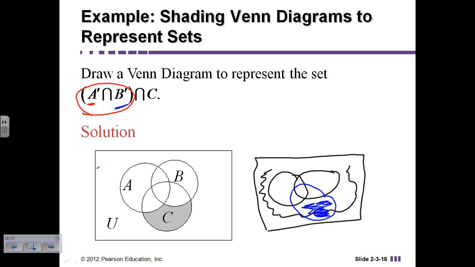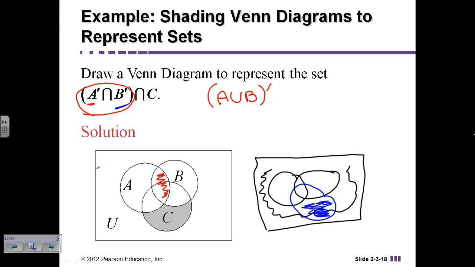If we go back to that Venn diagram and use De Morgan's law, this part of the picture right here would be the same thing as the complement of A intersect B. Okay, so what we're saying is A intersect B is this part of the graph right in here. So the complement of that would be everything that's not in that area.